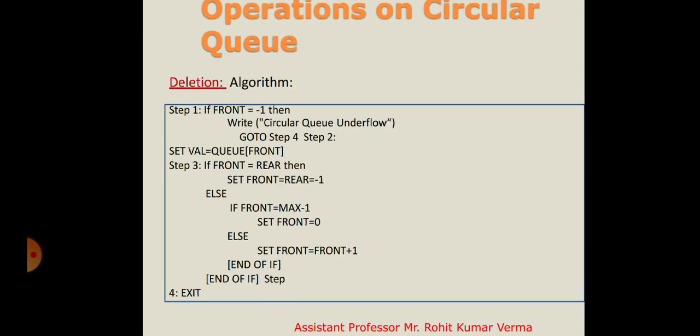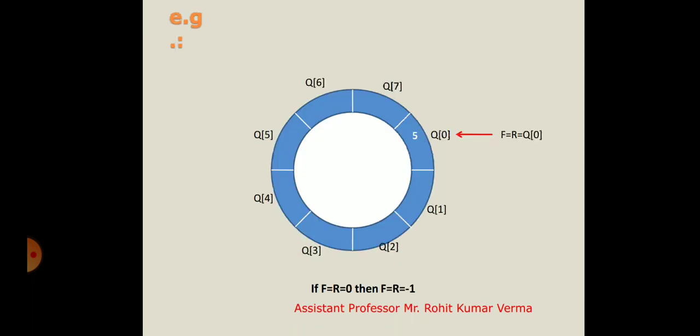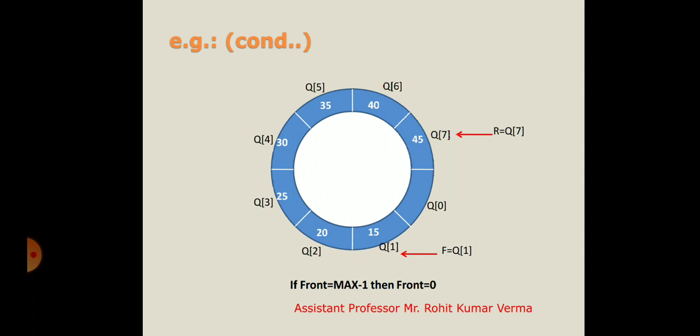Next thing that we cover, if front is equal to max -1, set front is equal to 0. So in this image you can see if front is equal to max -1, our front is at 7th location, that is the last location of circular queue.